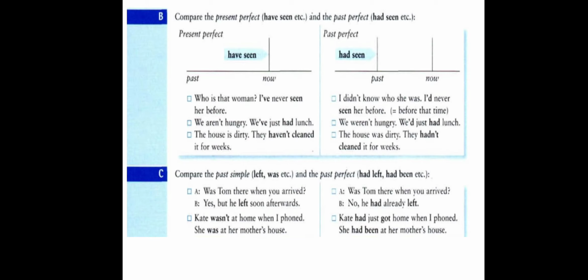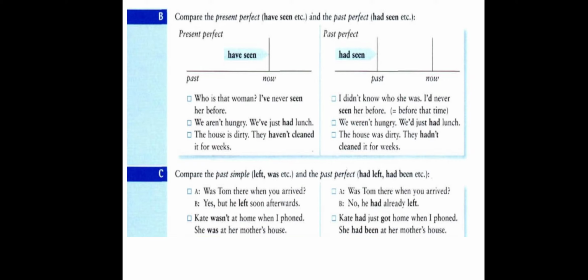Number B. Compare the present perfect, have seen, and the past perfect, had seen. Let's make a comparison between the present perfect simple and the past perfect simple. We have already taken that the present perfect simple is an action extended from a past point, as you see in the sketch on the left.